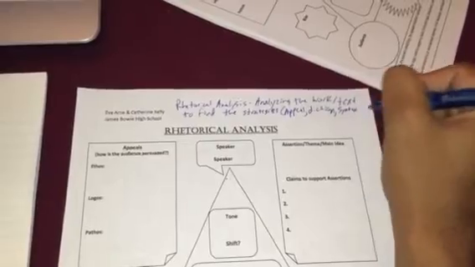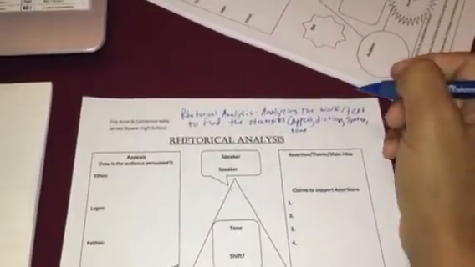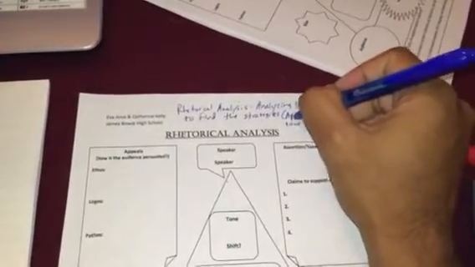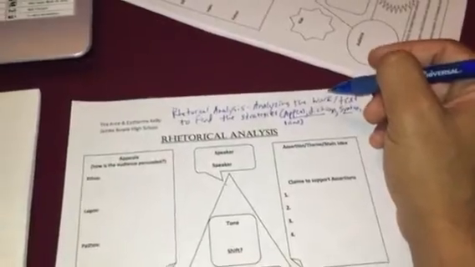We keep talking about that a lot, syntax or structure, the tone in which the author used. These are the things that an author would use in order to persuade the audience.